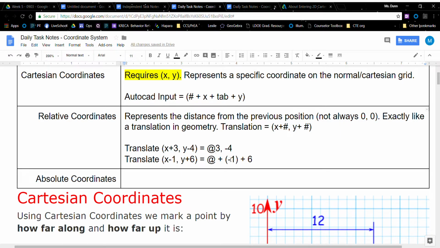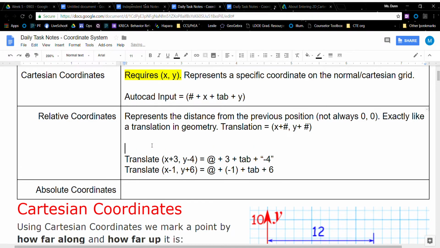And then let me put my plus signs so that I know this is a sequence of commands. Meaning if I'm in the computer, I'm going to hit at, then 3, then there's a tab, and then negative 4. So again, at, then negative 1, then there's a tab, then I'm going to press 6. Right? That's how I would input this in AutoCAD. If you need that reminder, type this here, AutoCAD input.